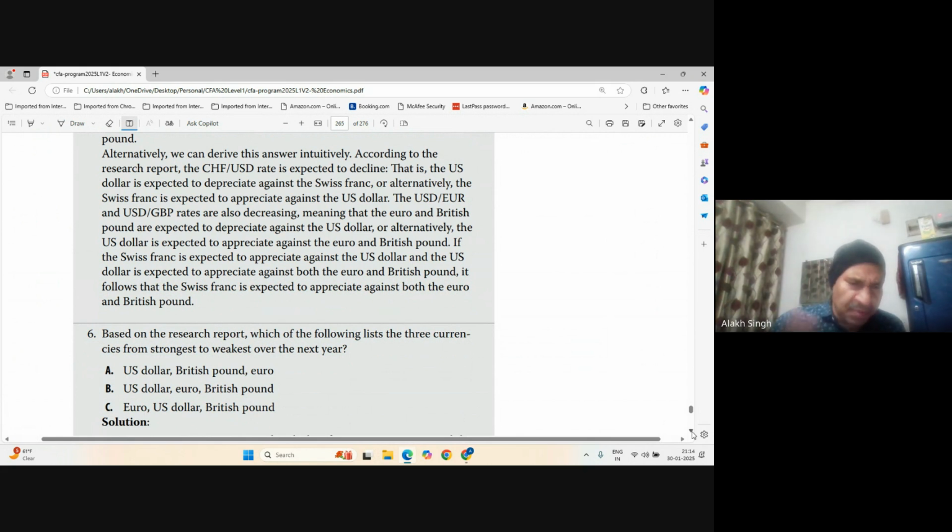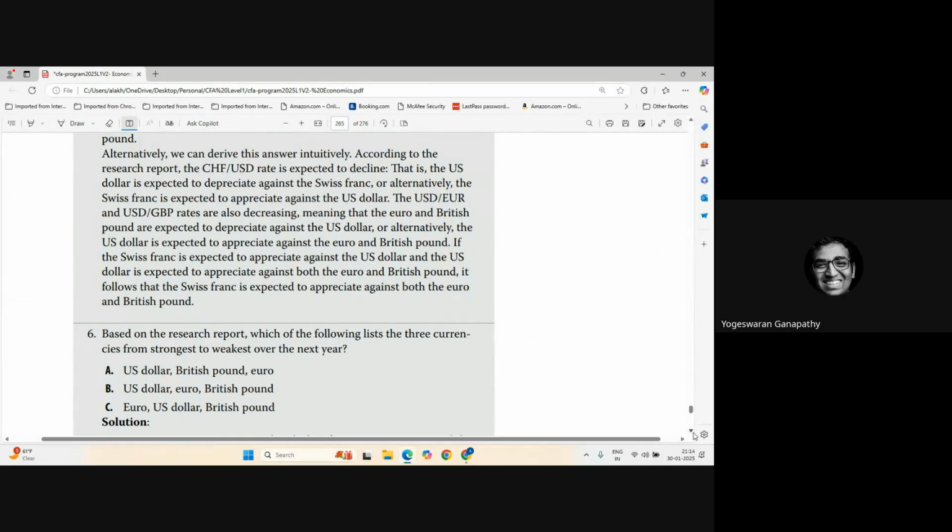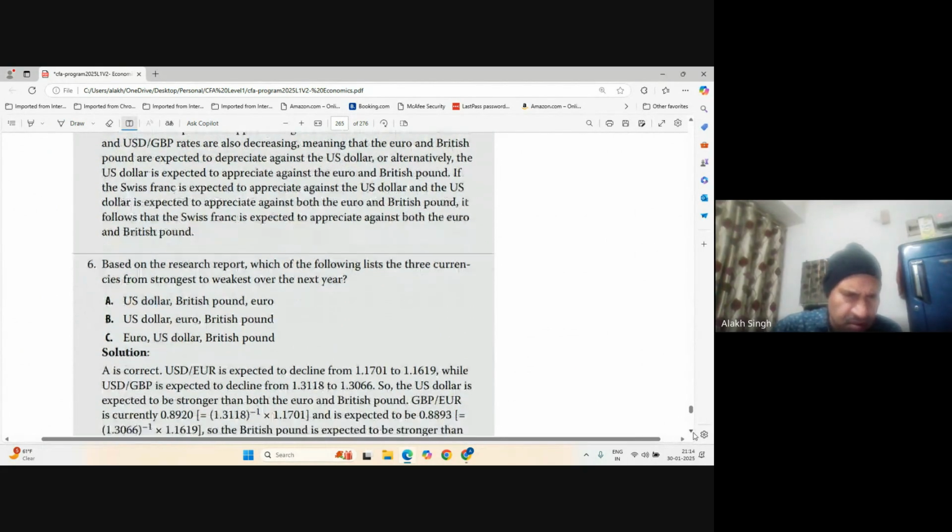So dollar has appreciated against euro. List from strongest to weakest. Euro was the weakest. So then A should be the answer. Yes, sir. Euro was the weakest, 0.7, and British was 0.4 only. So A should be correct.